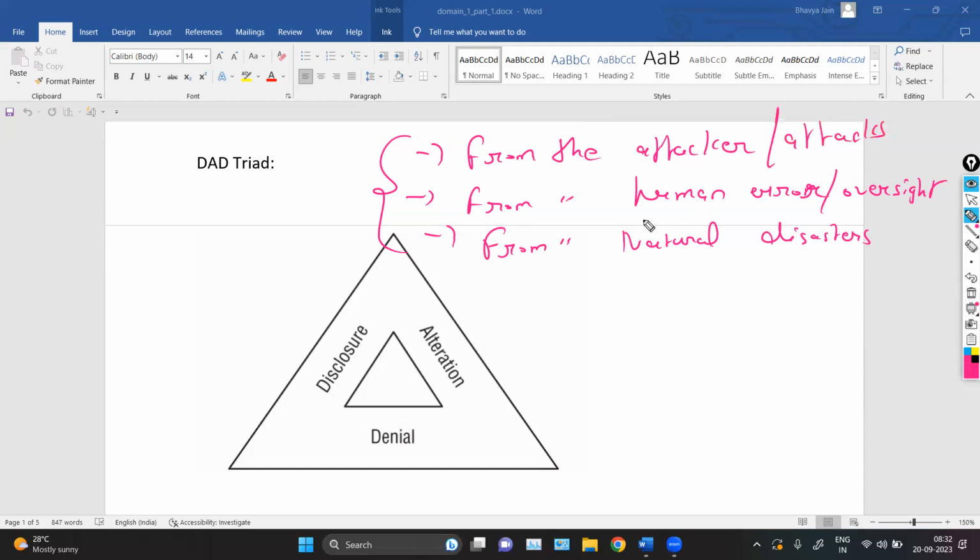Second, from human errors caused by any employee or any customer. You have to be prepared always for human error or any oversight, because you cannot throw out your employees.